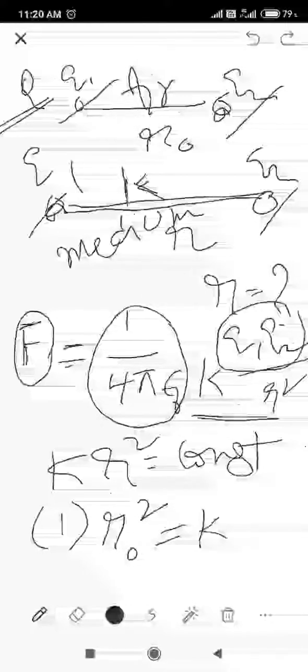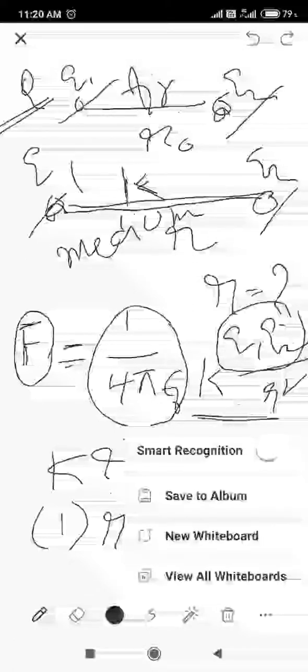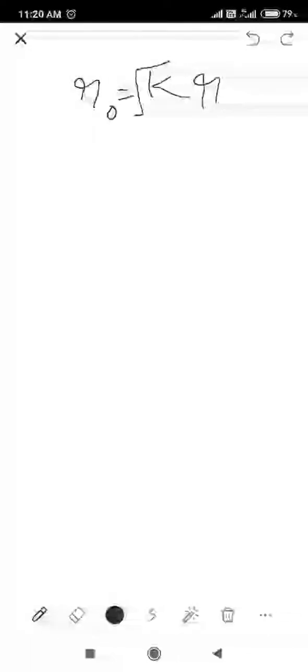The second medium dielectric constant is k, distance is r, therefore r square. So we can write, if you take square root on both sides, we will get r naught is equal to root k into small r, or small r is equal to r naught divided by root k.